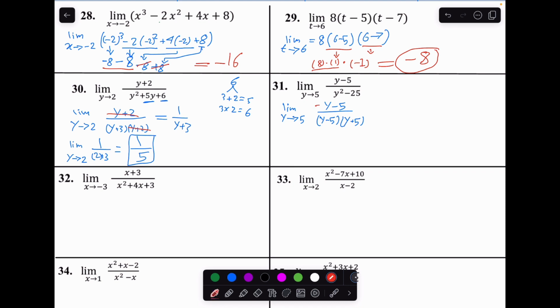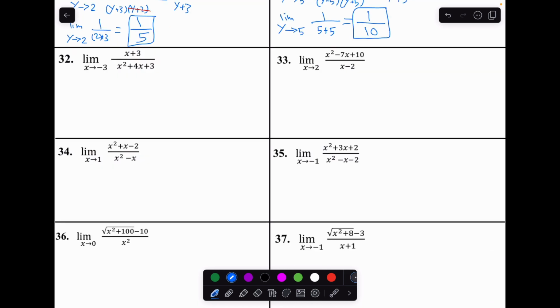We can cancel these together, and it's equal to 1 over y plus 5. Limit when y is approaching 5, 1 over 5 plus 5 is equal to 1 over 10.